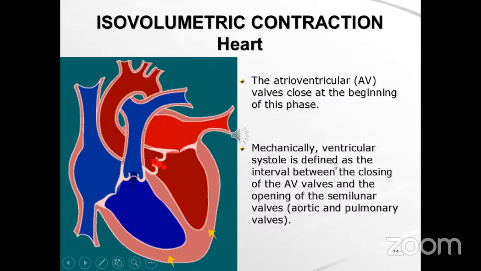Mechanically, ventricular systole is defined as the interval between the closing of the AV valve and the opening of the semilunar valve. That very short period between the closure of the atrioventricular valve and the opening of the semilunar valve is known as the isovolumetric contraction.